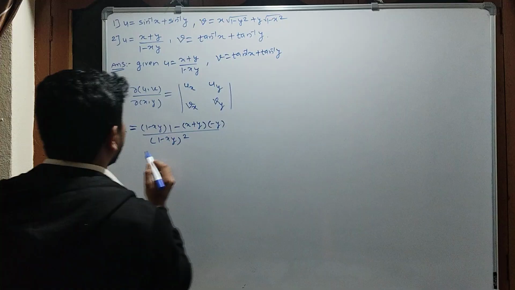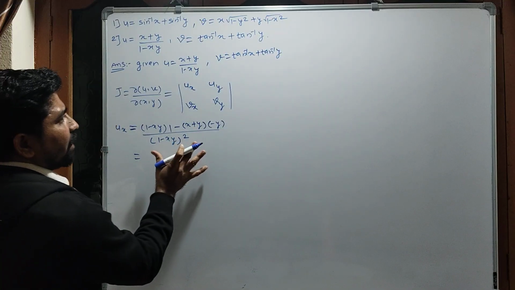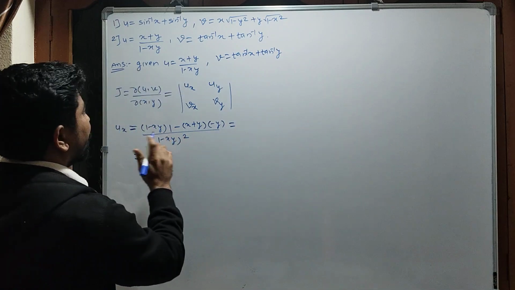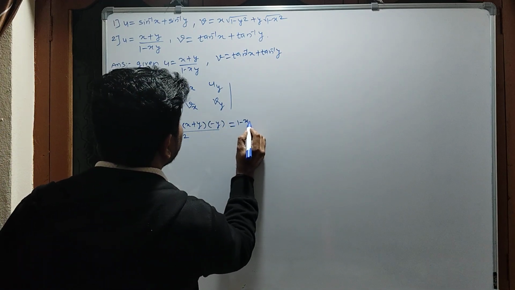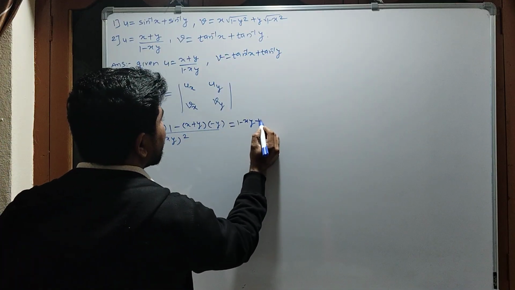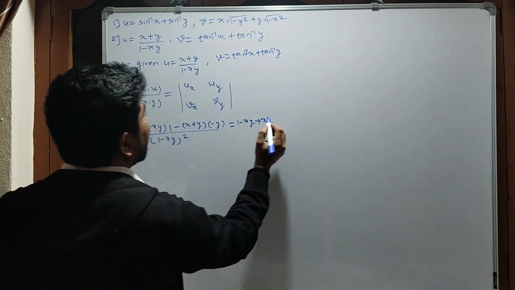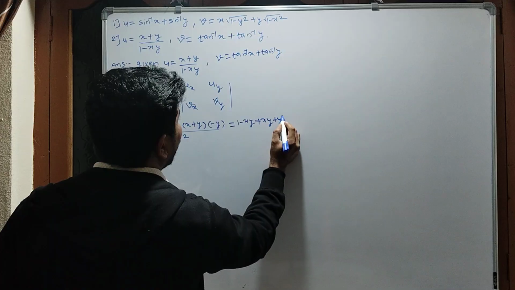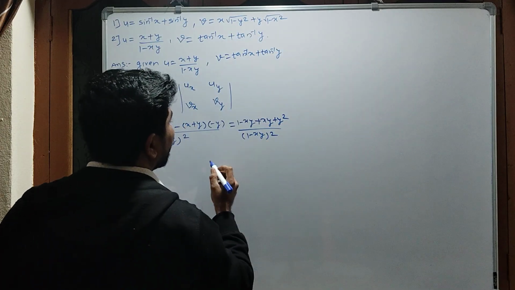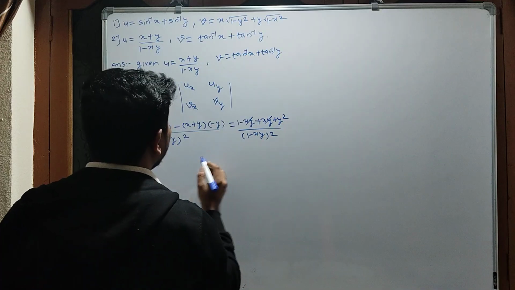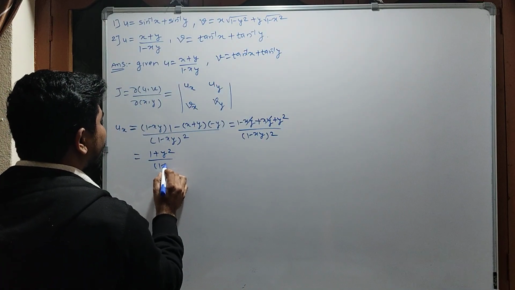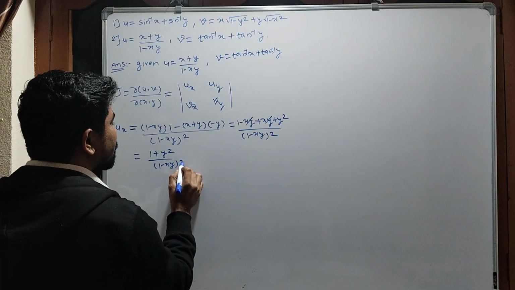In the numerator, (1 minus xy), plus xy, plus y square, divided by (1 minus xy) whole square. The xy terms cancel, so this is equal to (1 plus y square) by (1 minus xy) whole square.